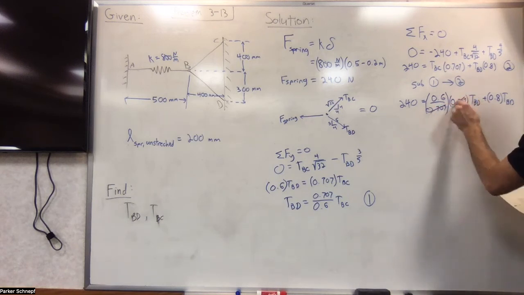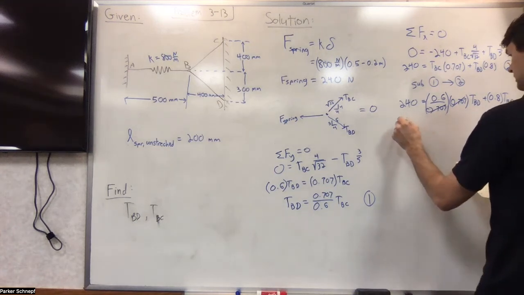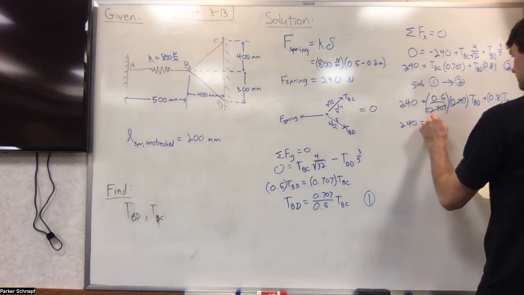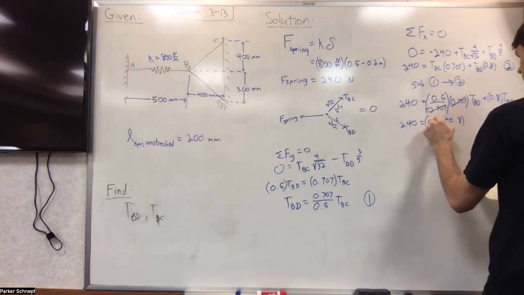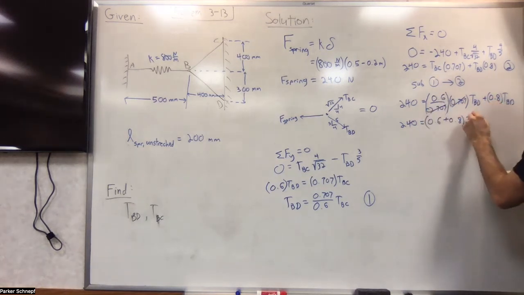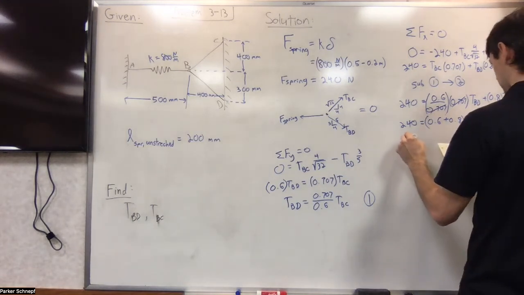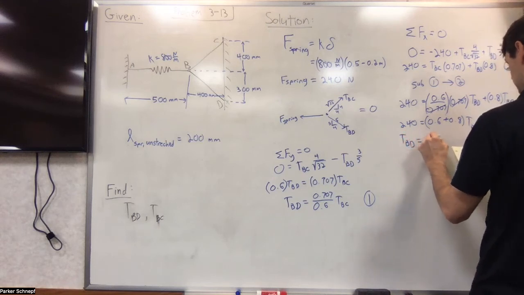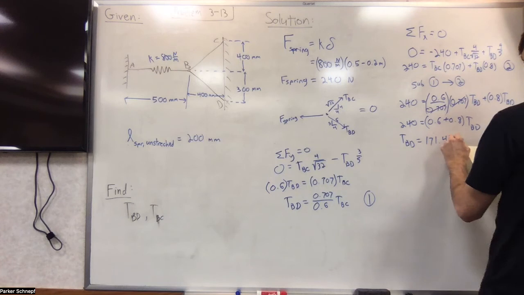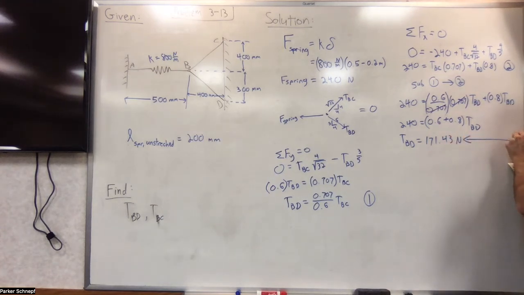So these 0.707s cancel out, and I get 240 equals 0.6 plus 0.8 times TBD, and I can say that TBD equals 171.43 newtons. And I can call that number 3.